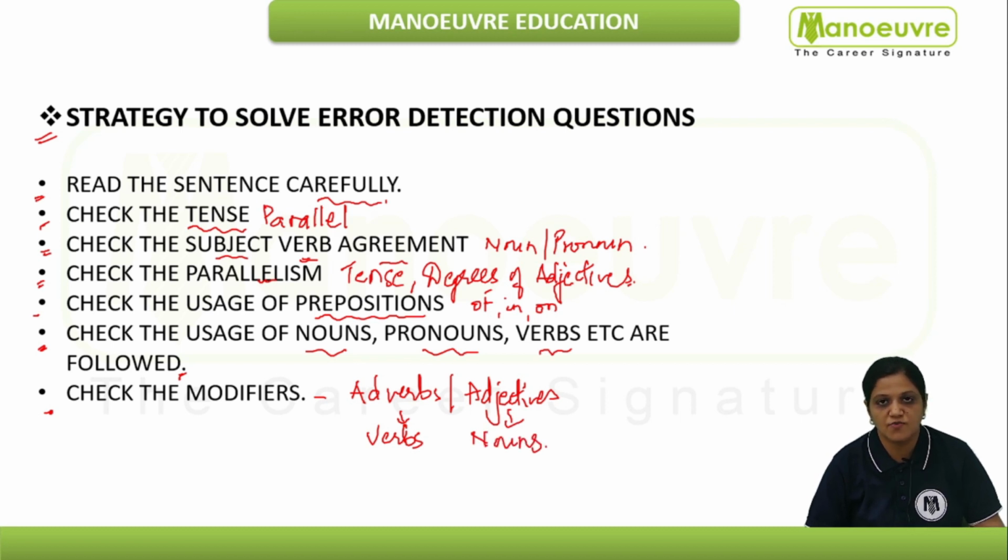Many a time what will happen is that a noun is modified by a word which is an adverb, or the verb is modified with a word which is an adjective. So we have to take care of the modifiers in the sentence. These are the strategies that we are going to check when we solve the questions of error detection. After having discussed the strategies, let us solve the questions of error detection.